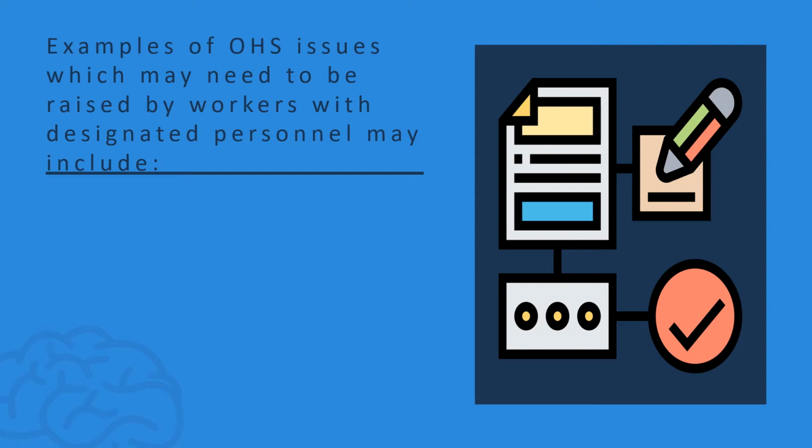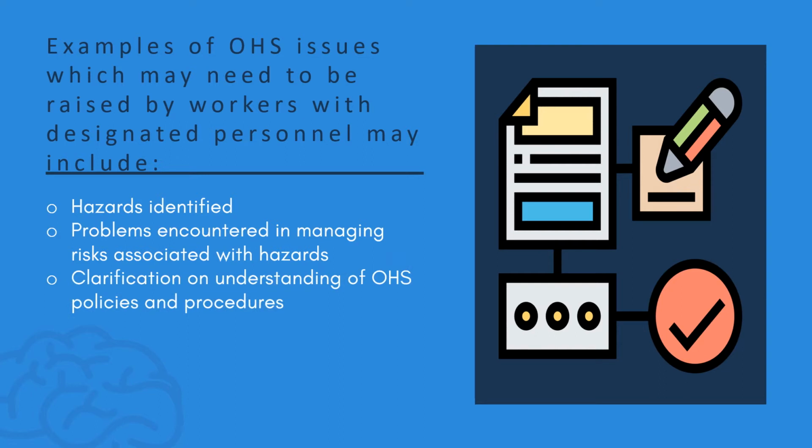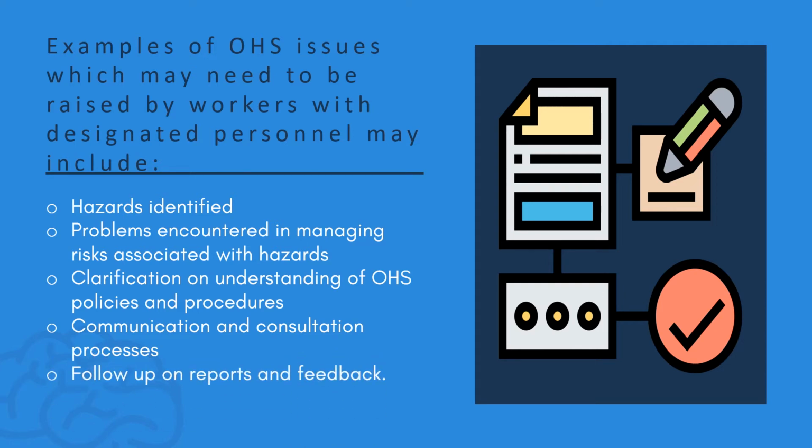These are examples of occupational health and safety issues which may need to be raised by workers with designated personnel, and it will also include hazards identified, problems encountered in managing risks associated with hazards, clarification on understanding of OHS policies and procedures, communication and consultation processes, follow-up reports and feedbacks, effectiveness of risk controls in place, and also the training needs.